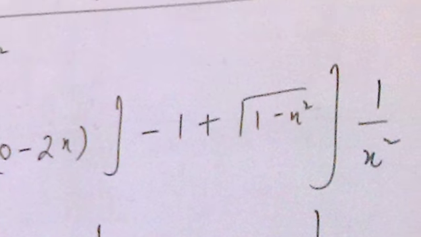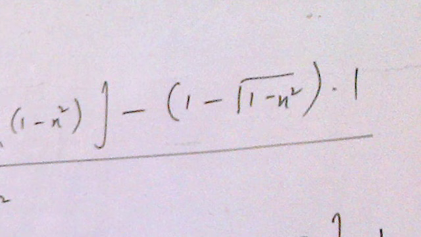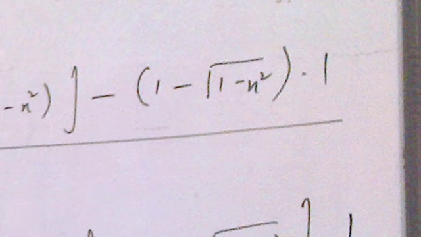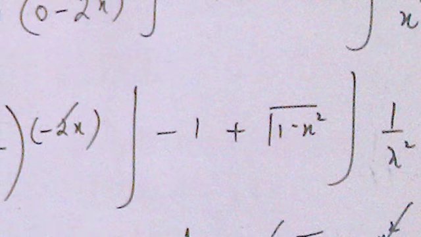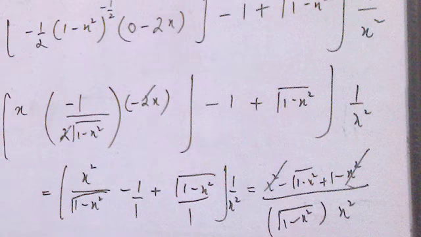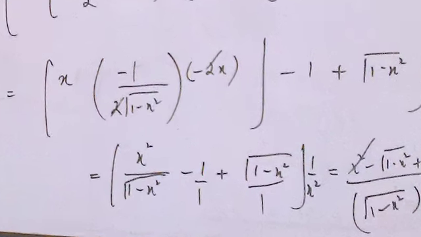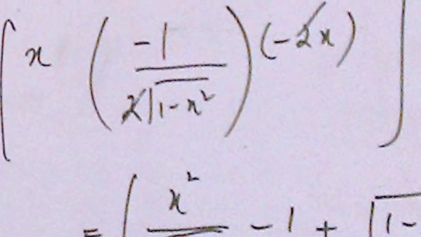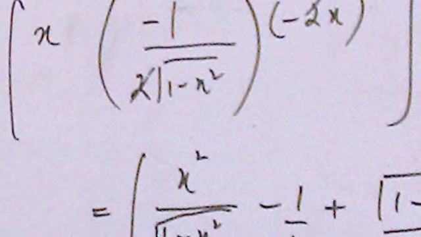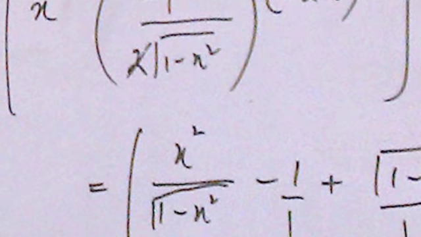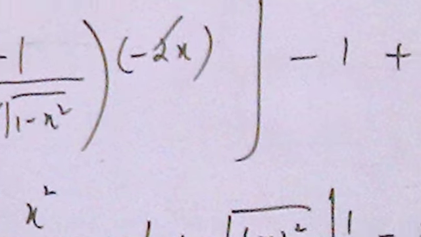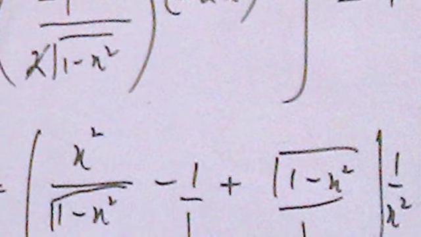And in the second portion we have derivative of x is 1. Now we simplify and take LCM in the numerator. This 2 by 2 cuts, and minus 1 minus plus, and it becomes x square over 1 minus x square.